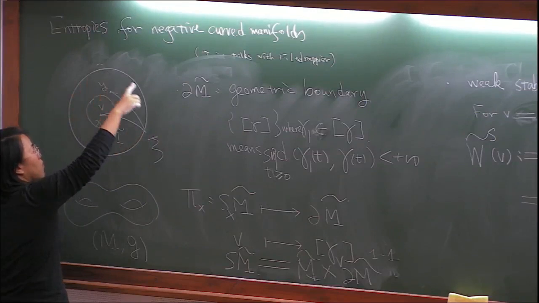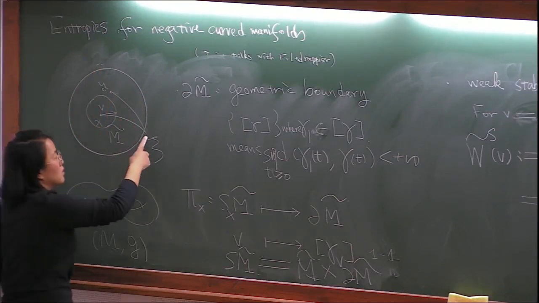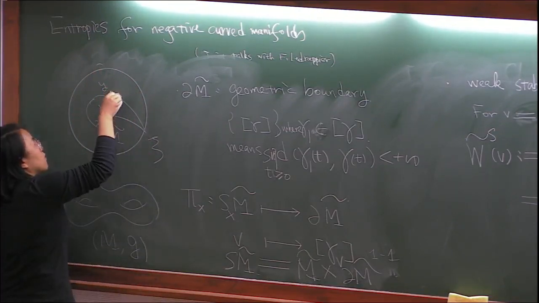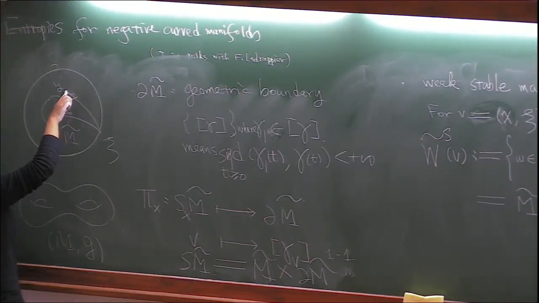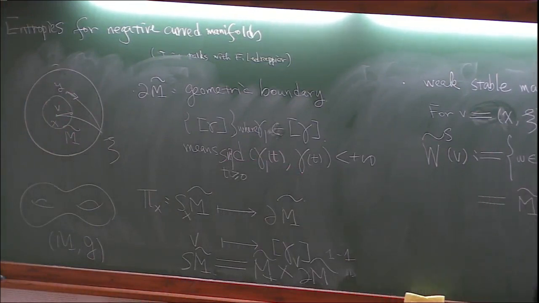So actually the weak stable manifold at v can be identified with M tilde times the point ξ. The collection of all these vectors, right? With a base point and with the direction pointing at ξ. So this is the weak stable manifold.